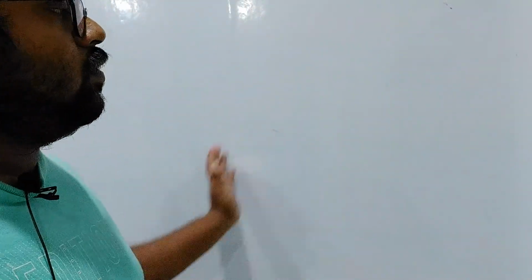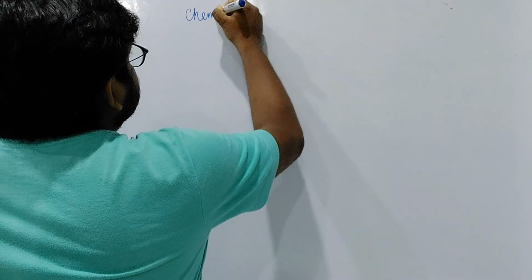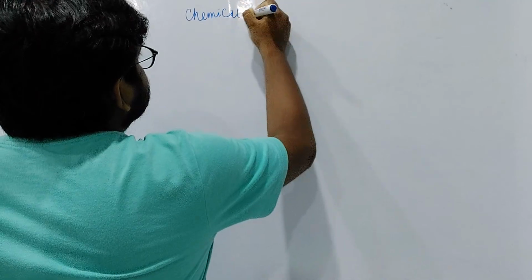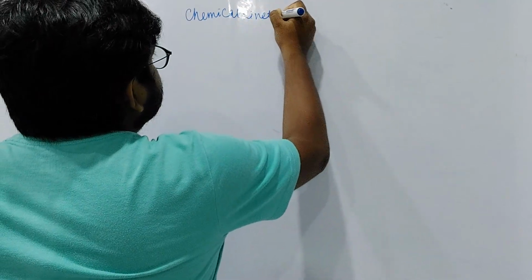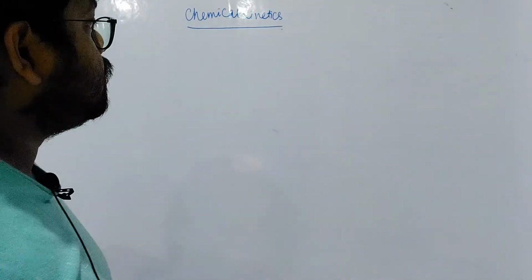So it is better to continue the term 2 syllabus little bit from now onwards. Okay, so we will continue the chemical kinetics, what we were discussing previously. Chemical kinetics, a very important chapter of your syllabus.